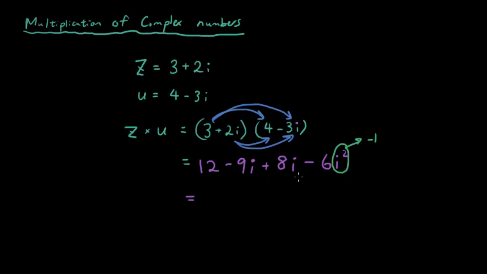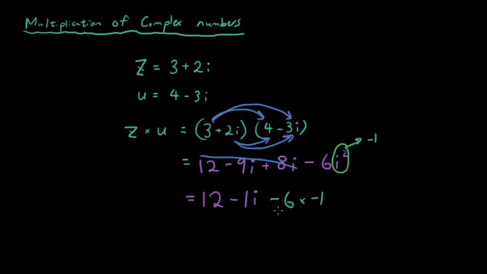So you can copy everything else down first, but the negative 9i plus 8i becomes negative 1i. Okay, so this part is done. Now we need to do this part, which is negative 6 times negative 1, which becomes 6.